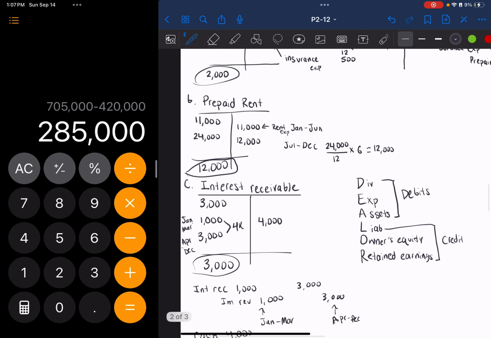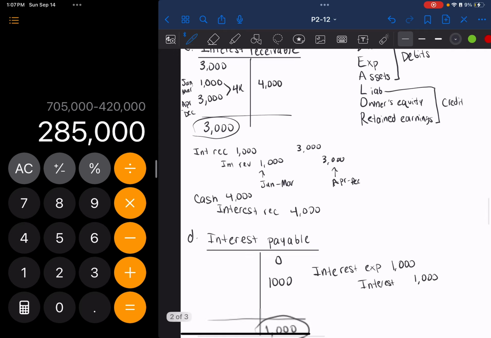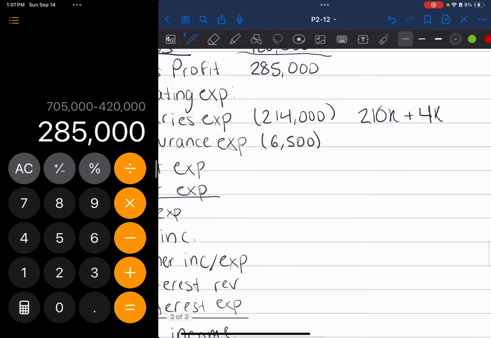We calculated that as 23,000. It's basically 11K plus 12K. And then depreciation is probably the easiest out of these. These ones are easy since we did the T accounts, right?